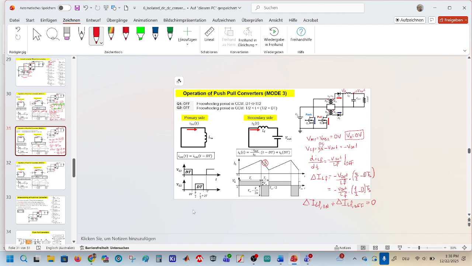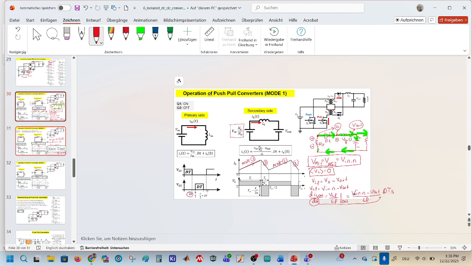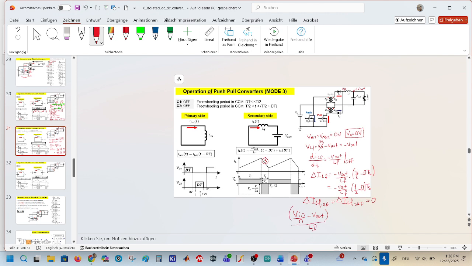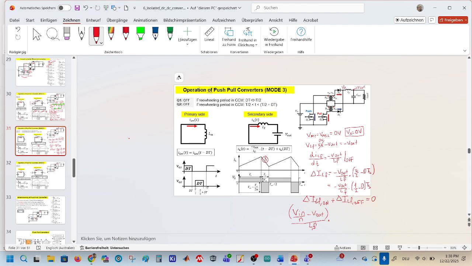Here it was V in minus V out divided by filter inductance times dTs plus minus voltage times d times Ts. So we can just get rid of the Ts.